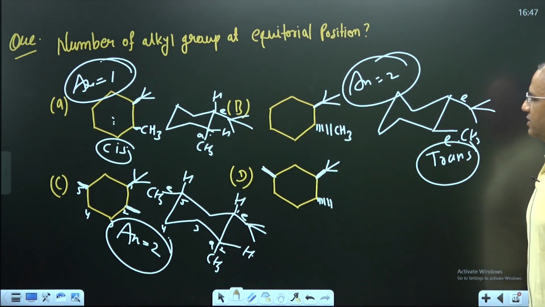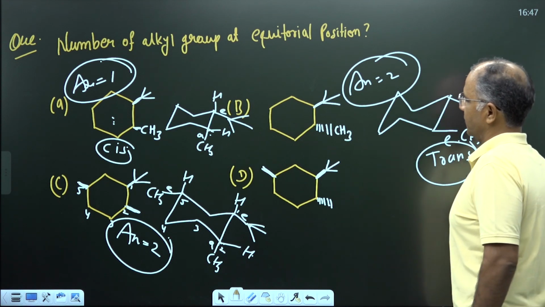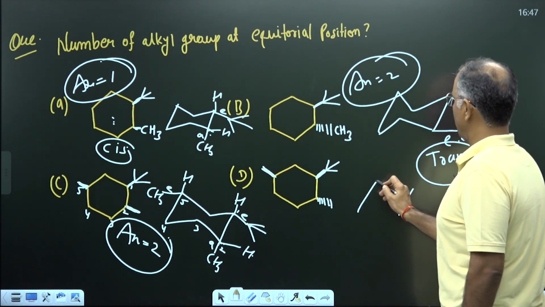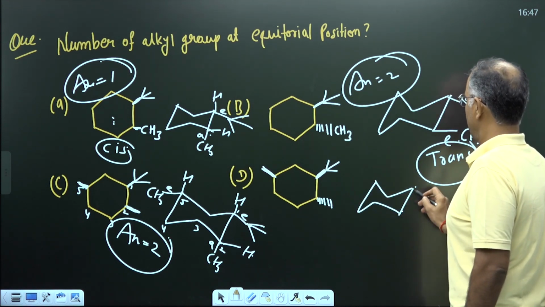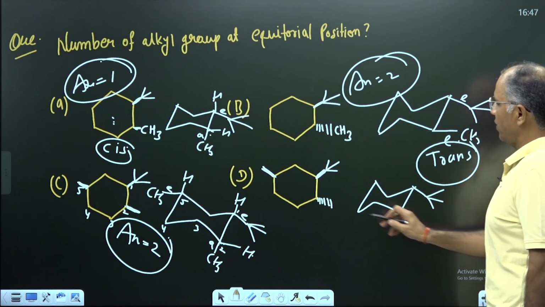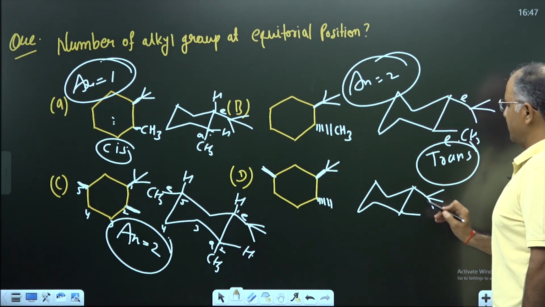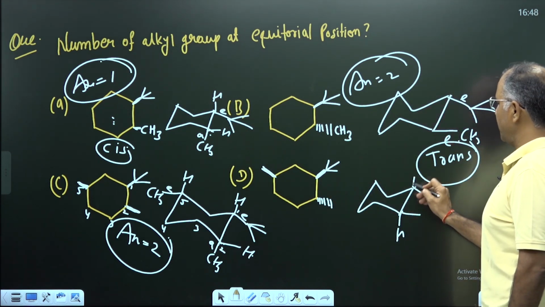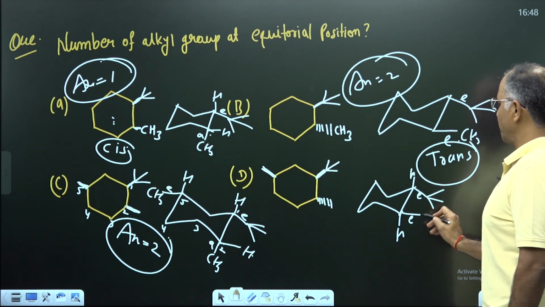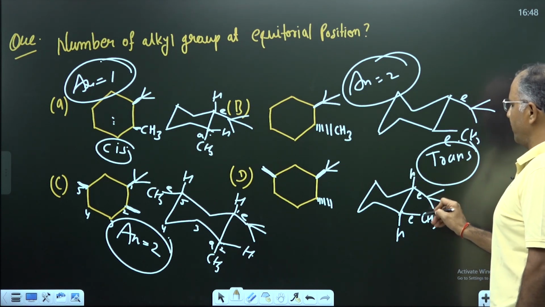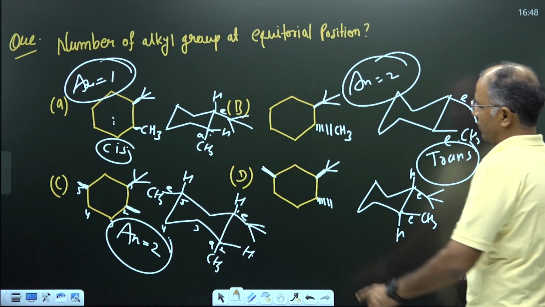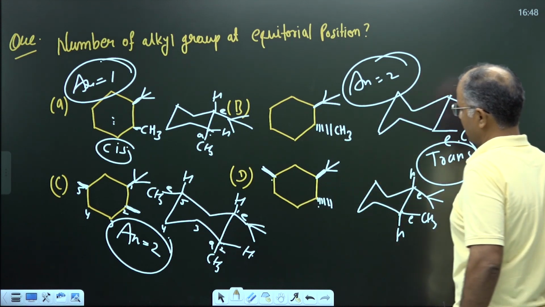Now you can guess the answer for D. In D again you have to draw the chair form. This methyl at equatorial, we have to draw trans. This means methyl must be at the equatorial position, so that it may be in trans form. Now this and this must be in trans form.